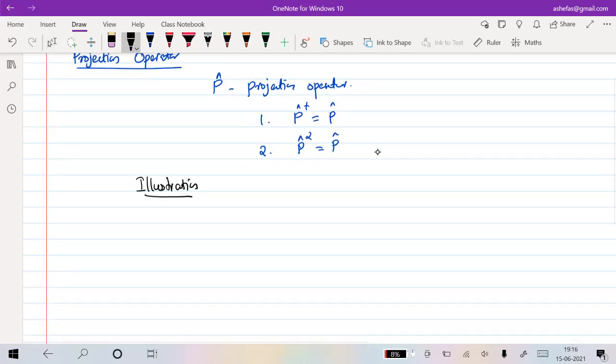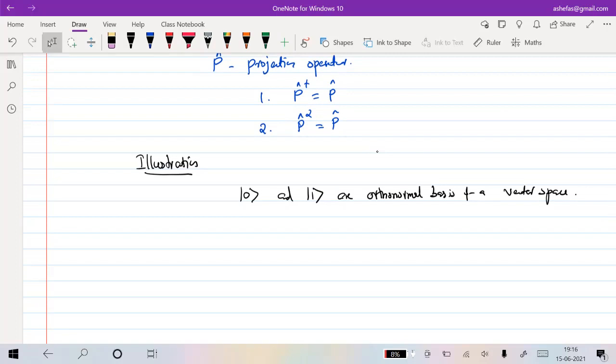Consider ket 0 and ket 1 are an orthonormal basis of a vector space. Then the inner product <0|0> and <1|1> would be equal to 1, and the inner product between 0 and 1 would be 0.